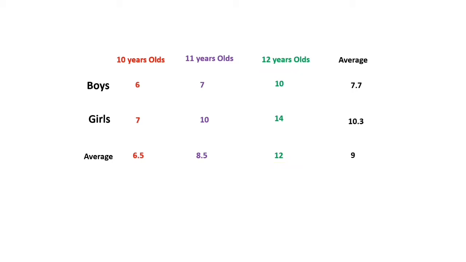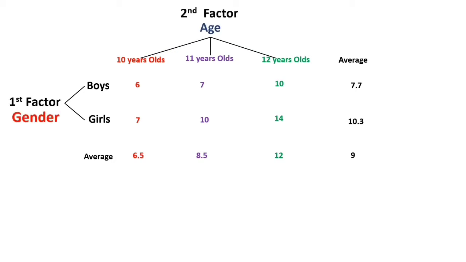Having data organized in a table like this makes it easier to calculate degrees of freedom, understand the factors, and calculation we have to make later. Our first factor is gender, second factor is age, and it doesn't make a difference if we swap these factors.